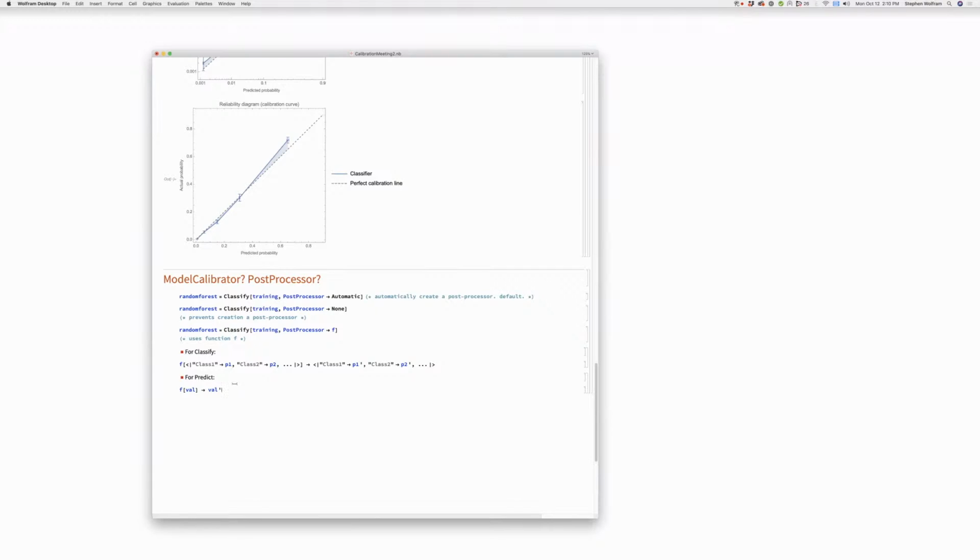Okay, so you've got two cases. Either the recalibration function takes a value, a probability value, or an output value in the case of predict, and returns a new value, or it takes a richer set of things.